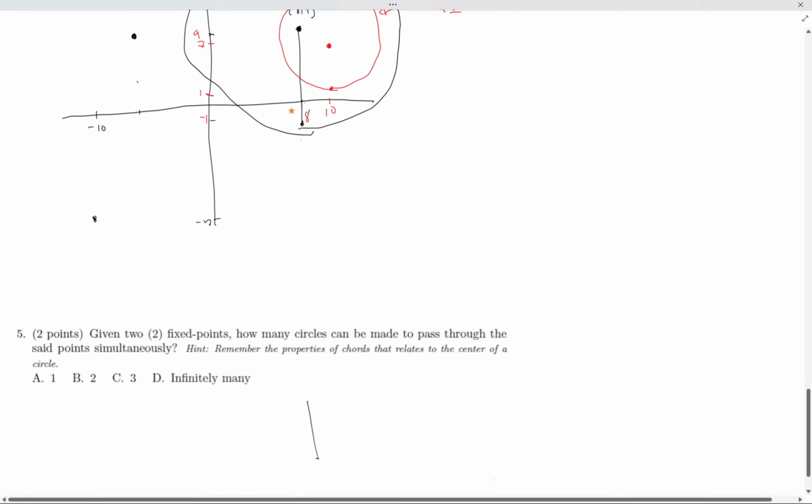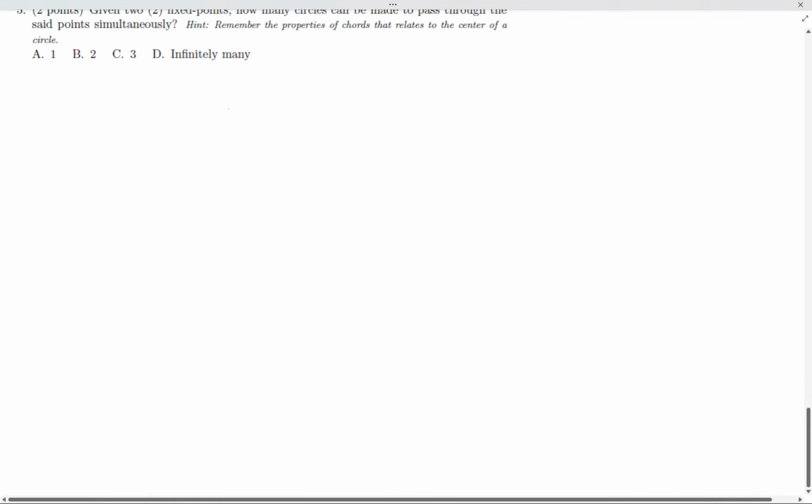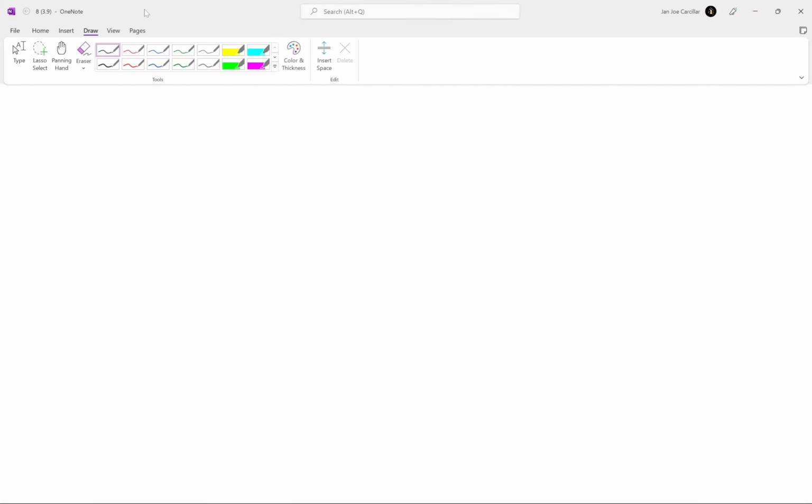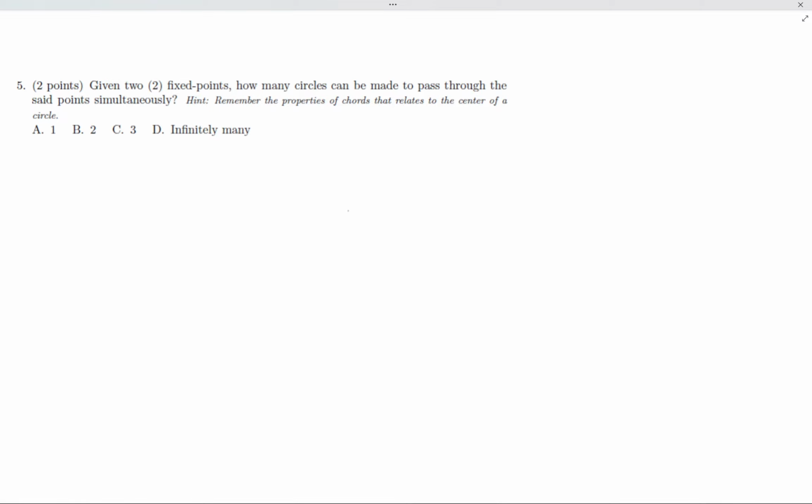I'm not really sure if I can further extend this. Okay, so I can. But first, let me try to grab some new pen. Okay, let me make those 2 random fixed points. It doesn't say any location, so it could be any points as long as those are 2 points on the Cartesian plane.